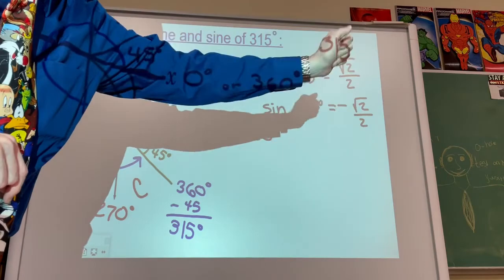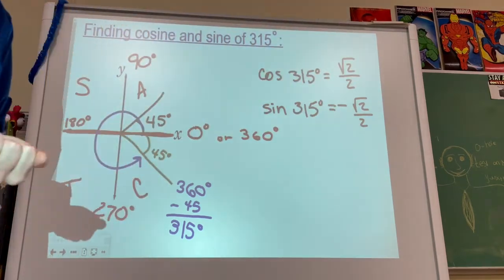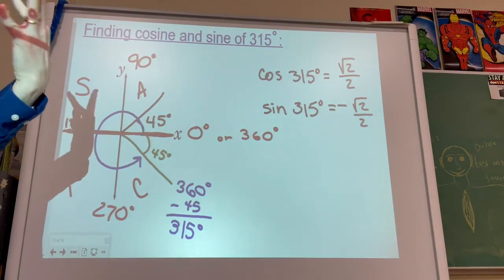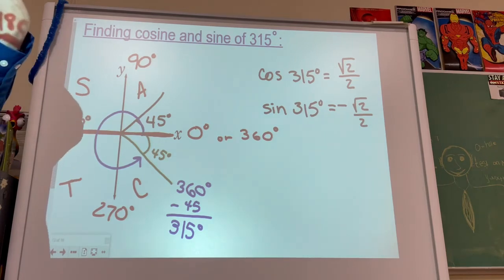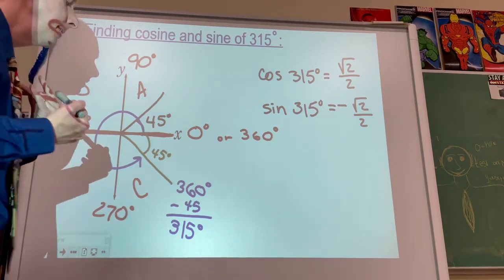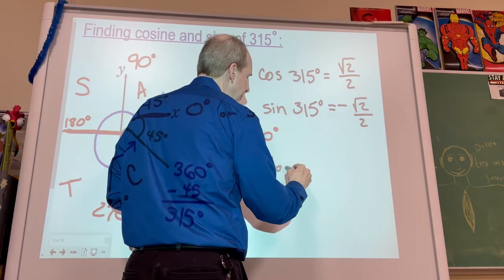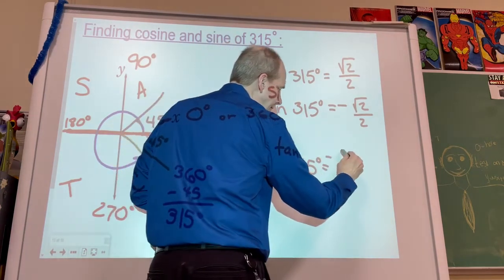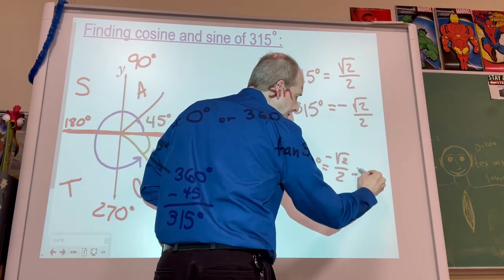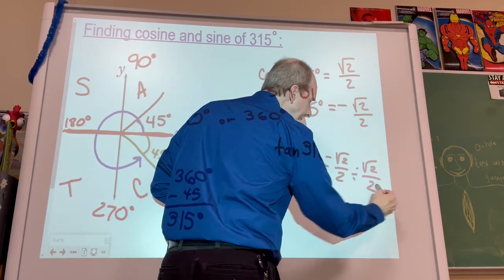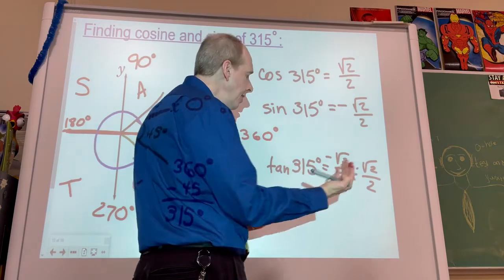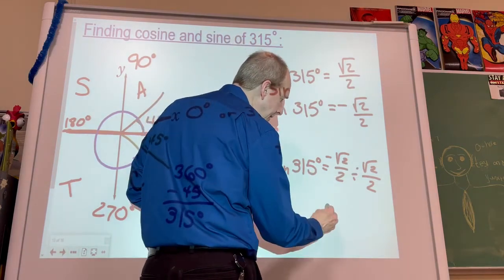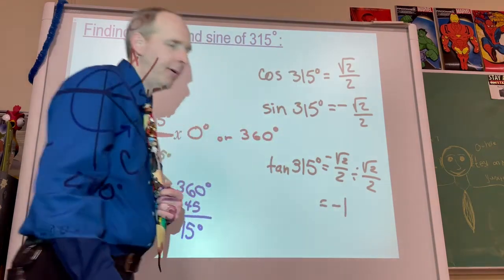Anything divided by itself, this divided by this would equal 1, but what if one of them's negative and one of them's positive? So tangent of 315 degrees is now negative radical 2 over 2 divided by radical 2 over 2. Anything divided by itself is 1, but if one's negative and one's positive, that'll make negative 1.